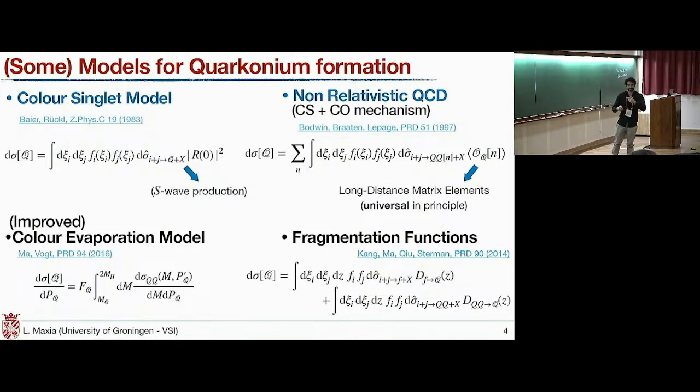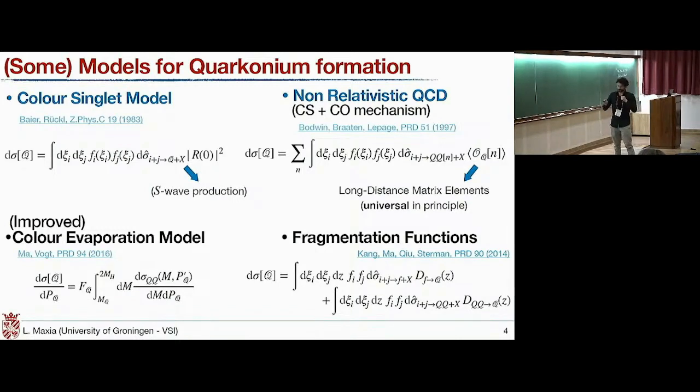Instead, in non-relativistic QCD, you also allow the production of color octet states. So the c c-bar can also be in a color octet state, and then evolves by soft gluon emission into the final observed meson. Of course, this is not the full story. There can also be other models I mention here. For example, there is the improved color evaporation model, and also the fragmentation function approach.